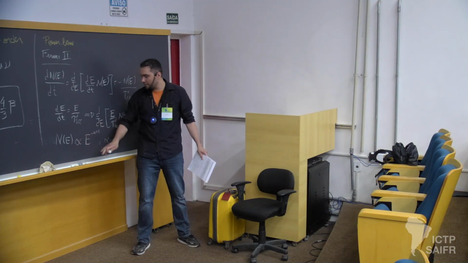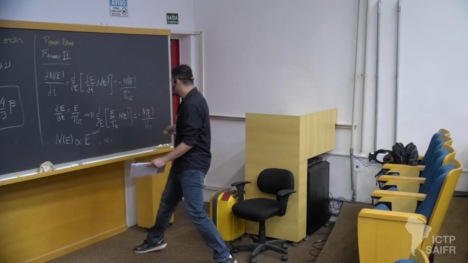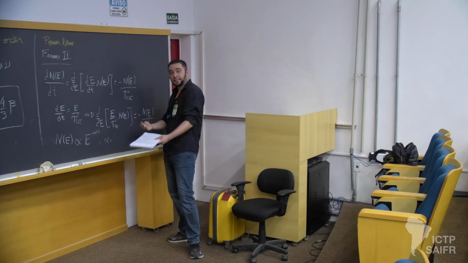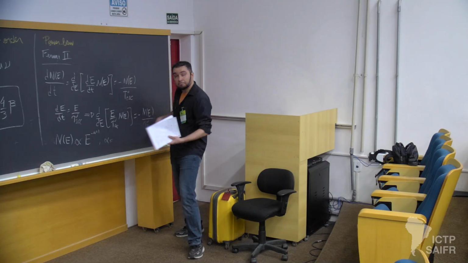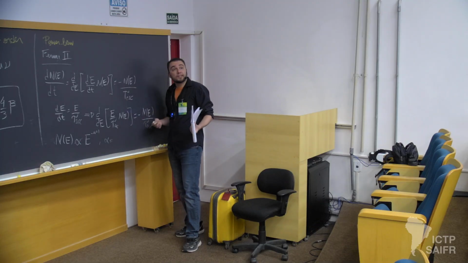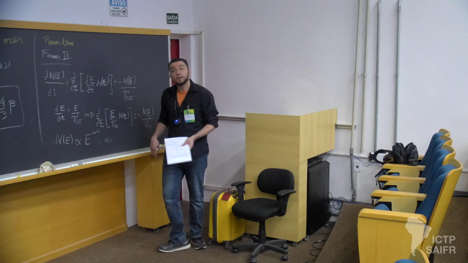The number of particles as a function of energy goes with E to the minus (alpha plus 1), where alpha takes the two time scales, the escape time scale and the acceleration time scale, together. Of course, it has to do with which one wins, the acceleration or the escape.